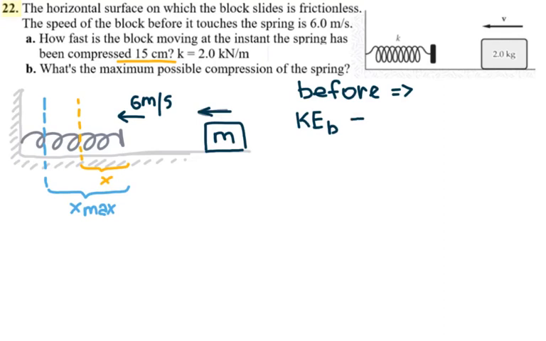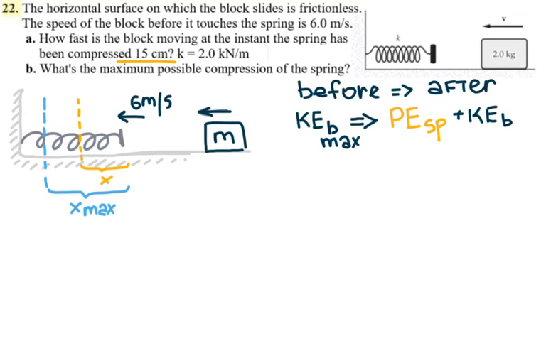And then all this kinetic energy is going to go into, at the yellow mark, which is only 15 centimeters compression, not the full compression yet, some potential energy of the spring, not maximum potential energy of the spring. And I still have some kinetic energy of the block. I'm going to call the first one maximum because this is the maximum velocity of the block, 6 meters per second. And then there's still some energy of the block afterwards. So this is the after.